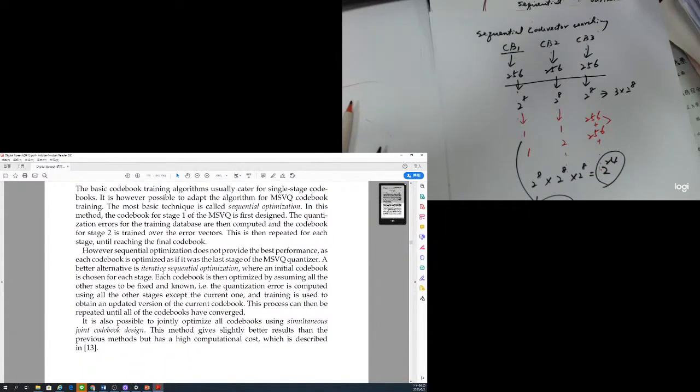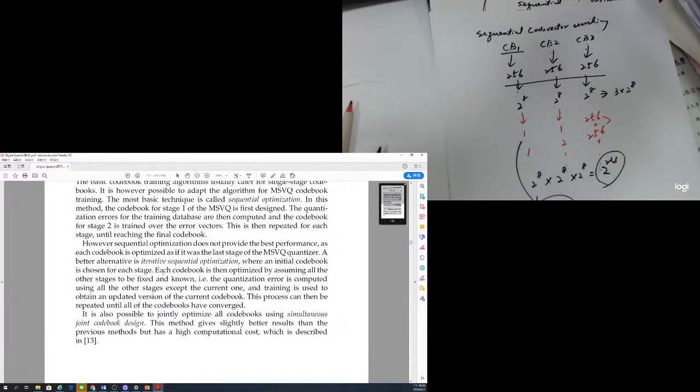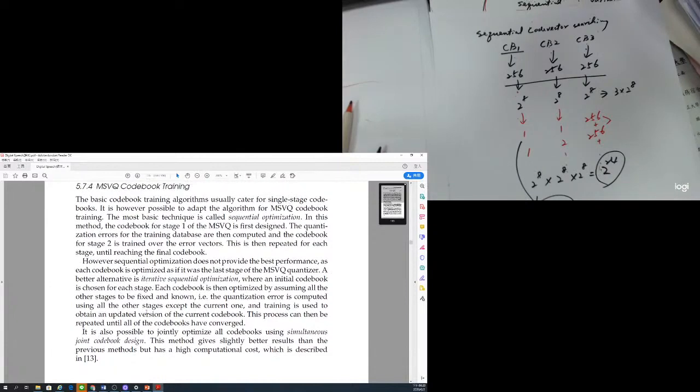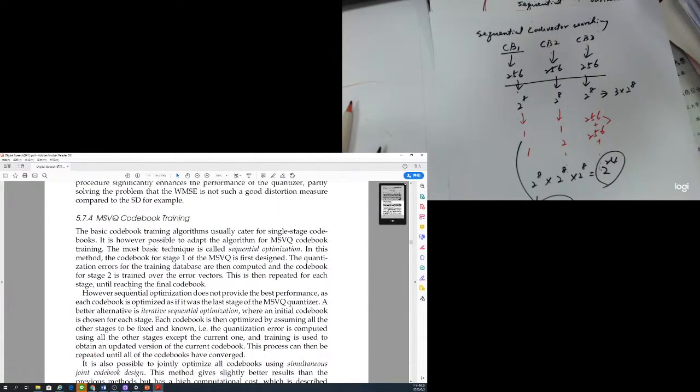So you can get a little bit improved performance. Sequential optimization maybe does not provide the best performance. A better alternative maybe is iterative sequential optimization. Sometimes you can do the iterative, but however maybe you can use the M-best.